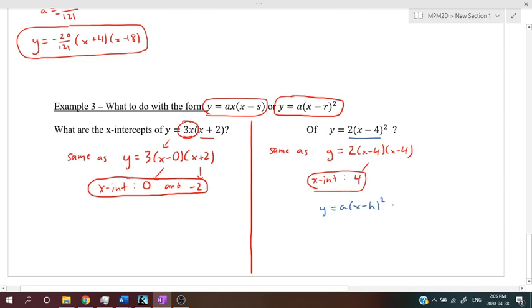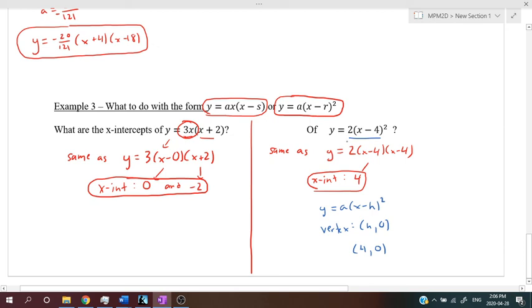Remember we said when your k is 0, that the k just kind of disappears and we're left with that. So then we would say, well, hey, that means that our vertex is just going to be h comma 0, whatever h happens to be. So in this case, it's going to be 4 comma 0. So our x-intercept and our vertex happen to be the same point in this case.